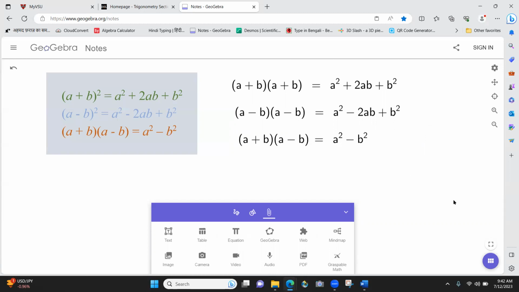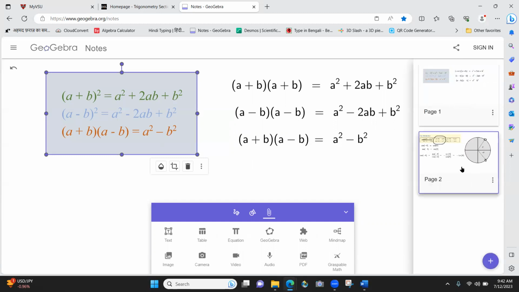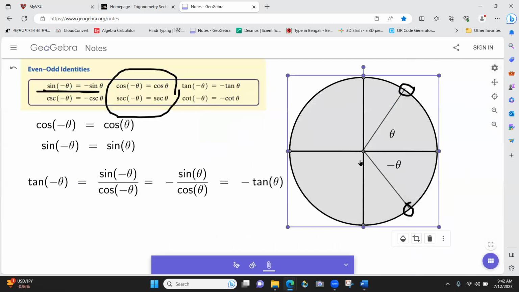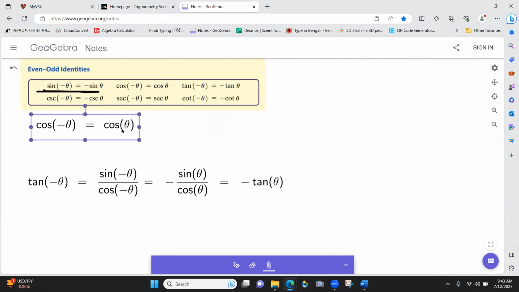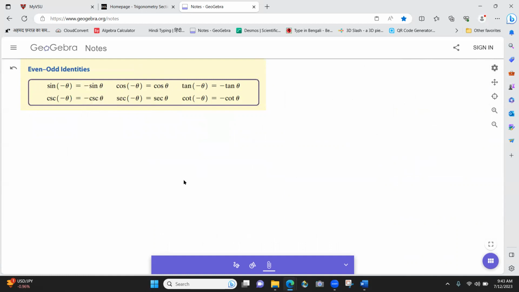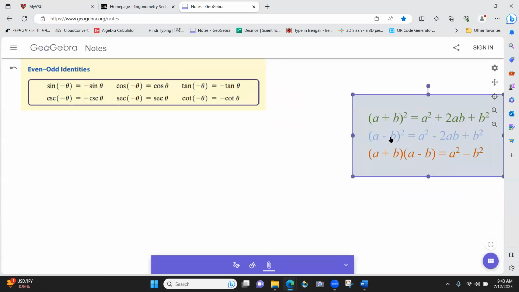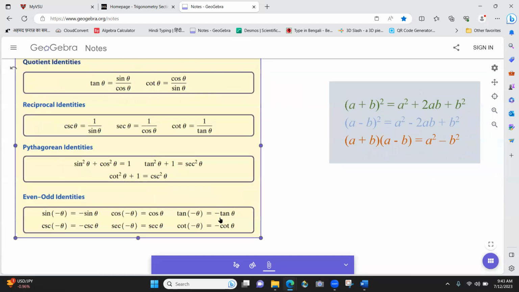So other than the formulas here, let's bring them on the same page. So we will use these formulas to solve a bunch of problems. That's the plan for today, 3.4.